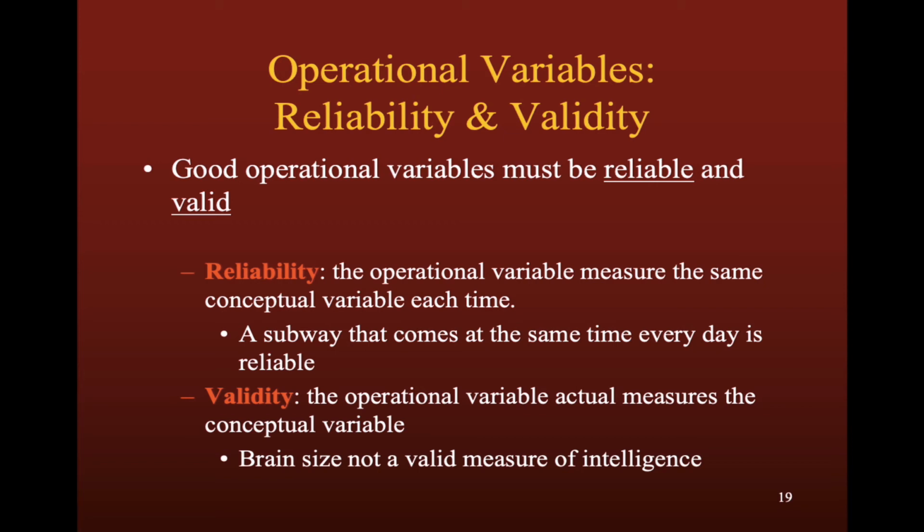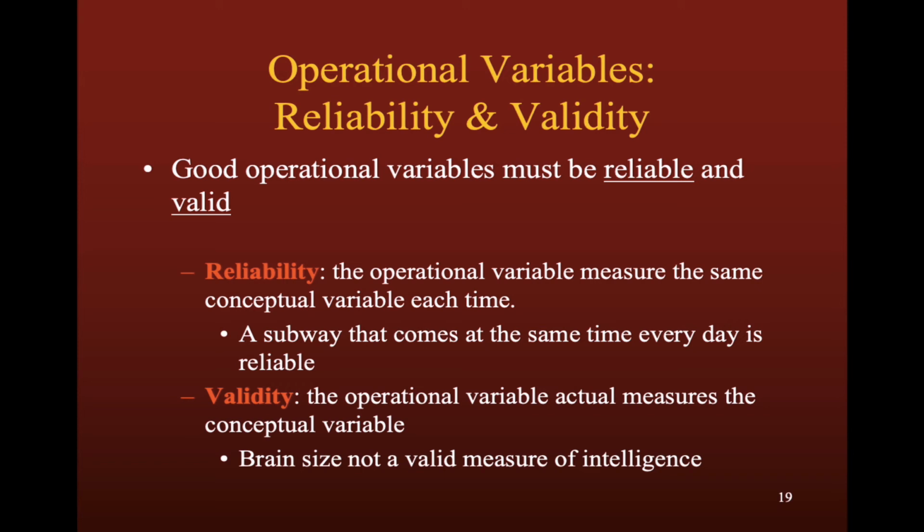Validity is, is your operational variable actually measuring the conceptual variable that you're interested in, right? So if I'm trying to measure anxiety, the question is, the way that I've operationalized anxiety, is it actually measuring anxiety or something else, right? So if we go back to our example of physical attraction, we could measure physical attraction by looking at heart rate.